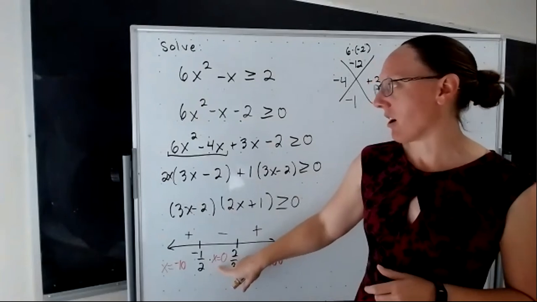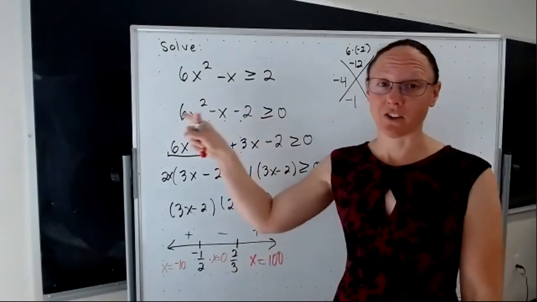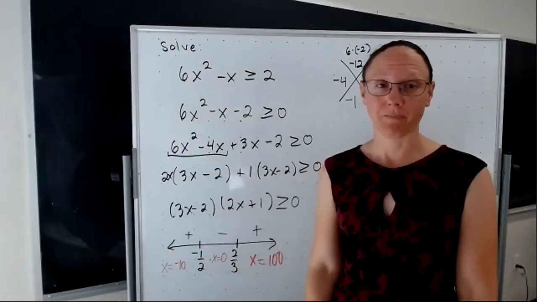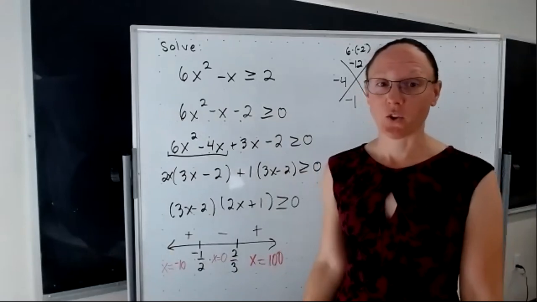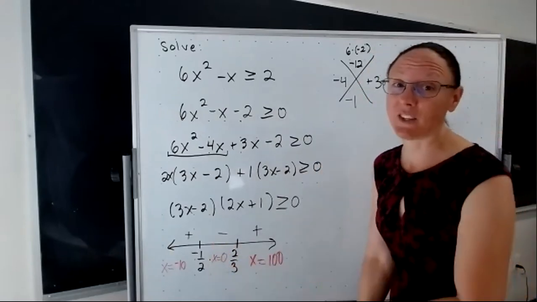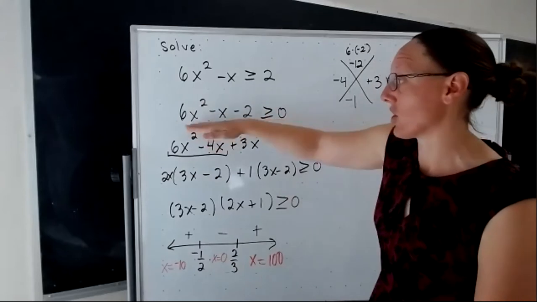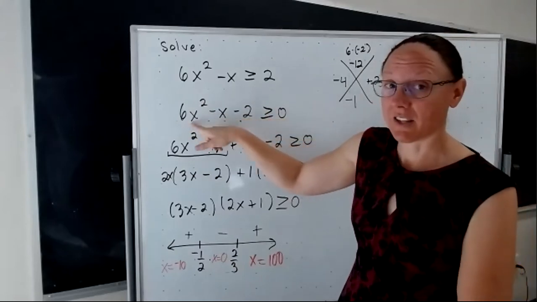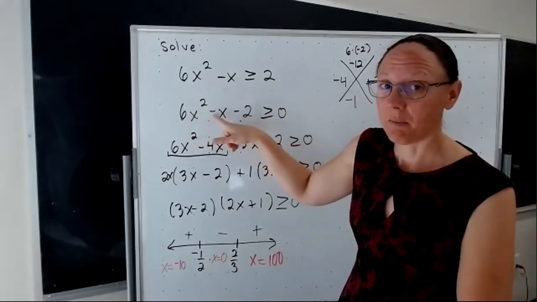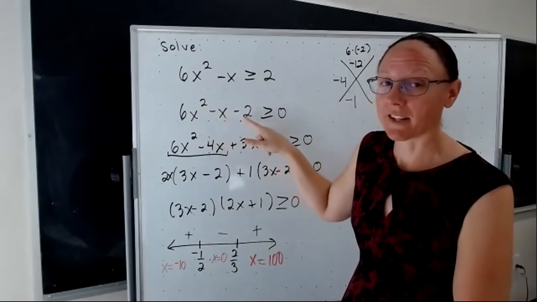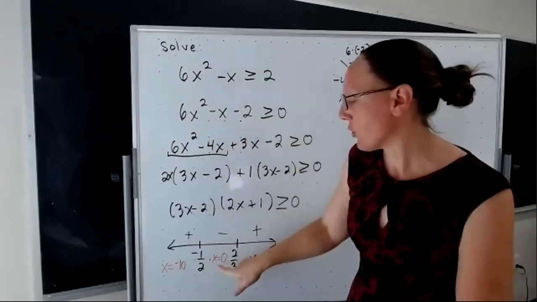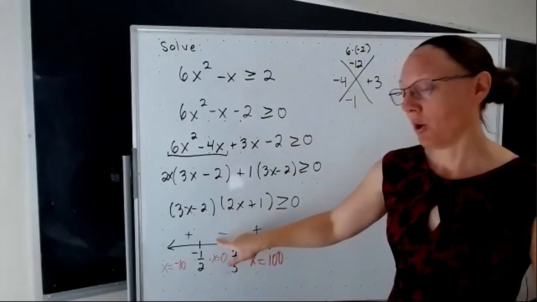For x equals 0, I think it's way easier to plug into the not factored form. For x equals 0, that one I can do in my head if I go up to this version. I've got 0 minus 0 minus a 2. So for sure, when we plug in x equals 0, we're going to be negative.